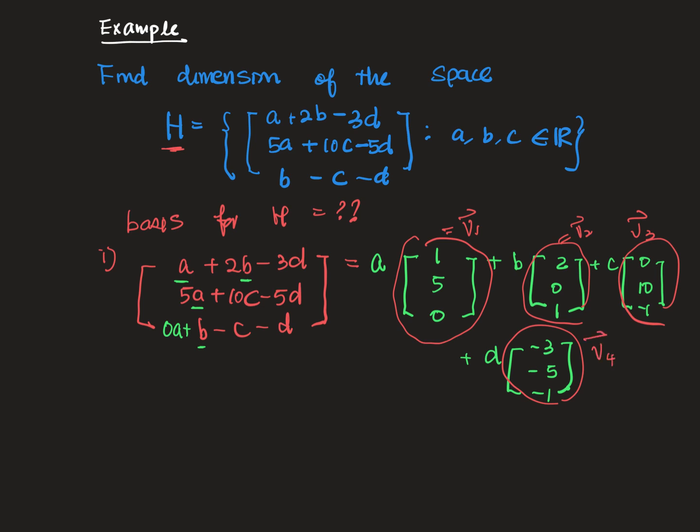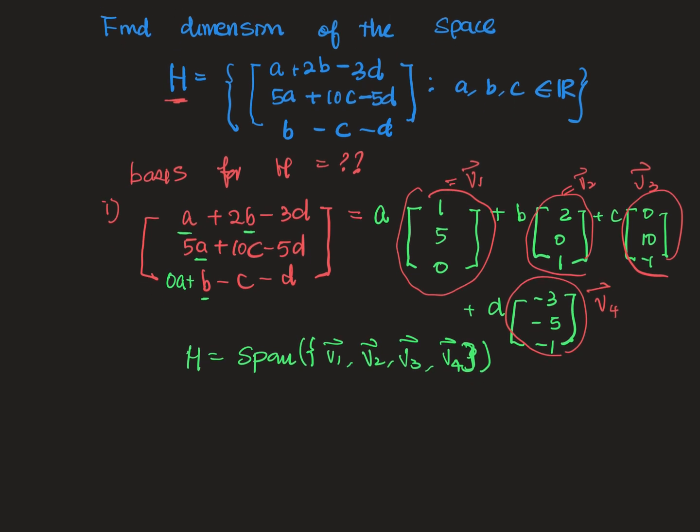So the vectors in H, you write it this way: H is going to be the span of the 4 vectors, V1, V2, V3, V4. So that's the first part, guys, okay?